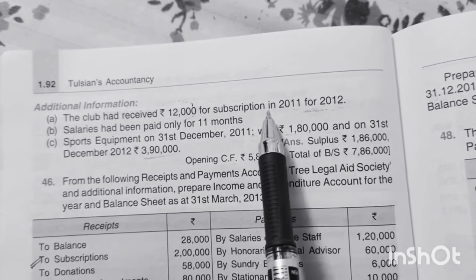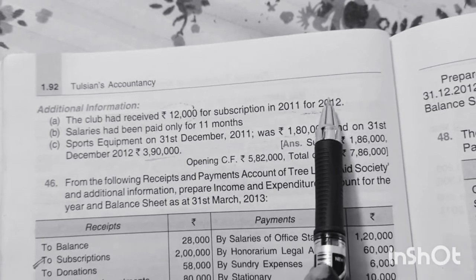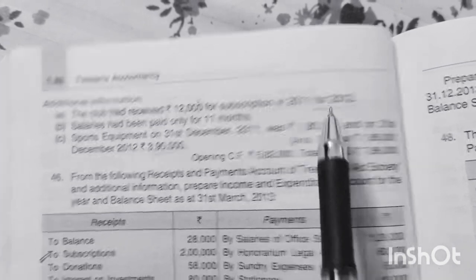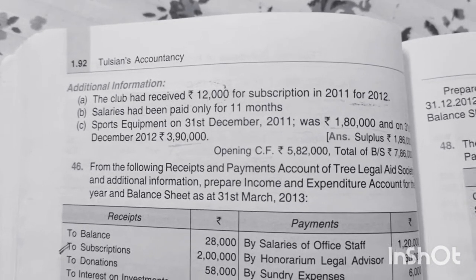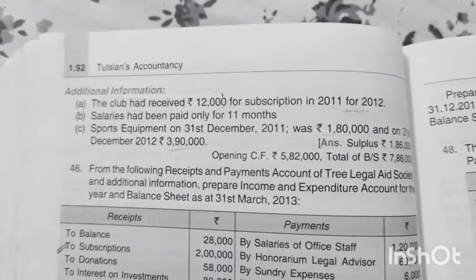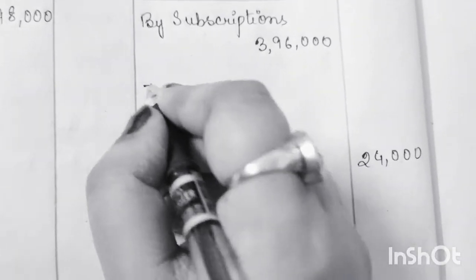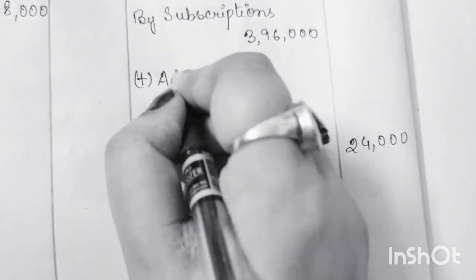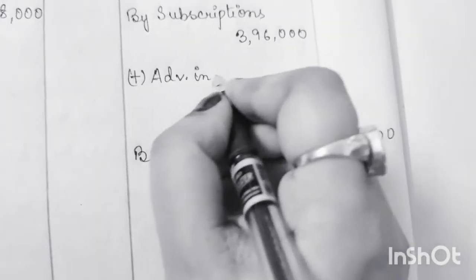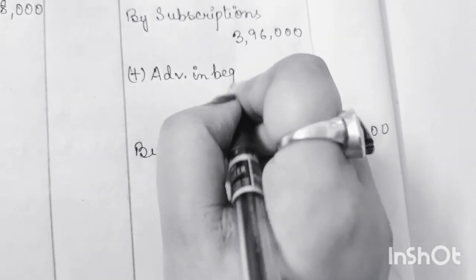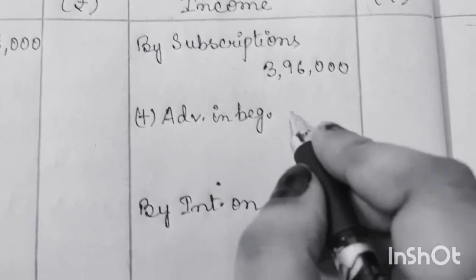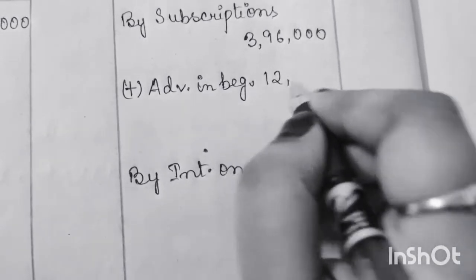That means you had already received 12,000 in the previous year, so this was an advance in the beginning. So we will write here, we need to add advance in beginning, and the amount is 12,000.